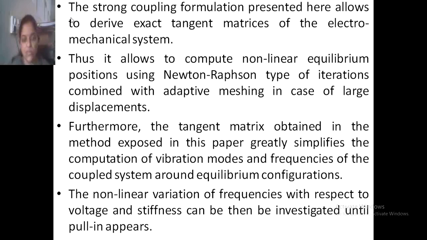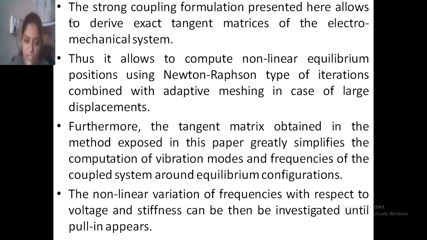Furthermore, the tangent matrix obtained in the method exposed in this paper greatly simplifies the computation of vibration modes and frequencies of the coupled system around equilibrium configurations.